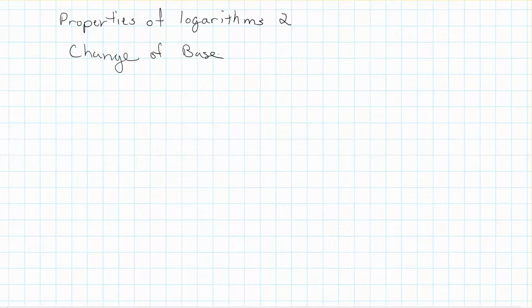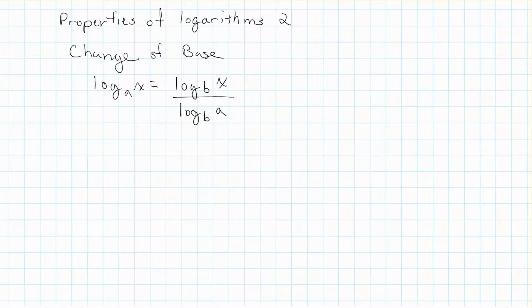Change of base, but just to remind you, this is saying that log base a of x is equal to log base b of x divided by log base b of a. So this again allowed us to compute any logarithm using our calculator because we could use either the common log or the natural log.